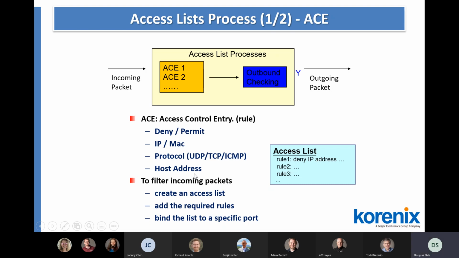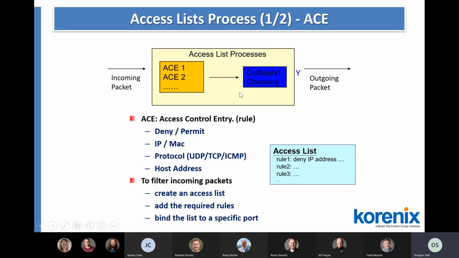And if we use the IP address as an access control entry, we can also include the address of the target. And we can use it to filter incoming packets: create the access list and edit the rules. And then after finishing the rules, we can bind the list to a port which we want.